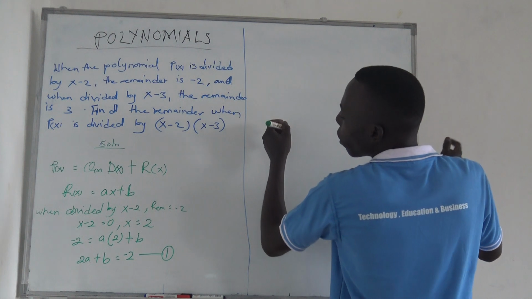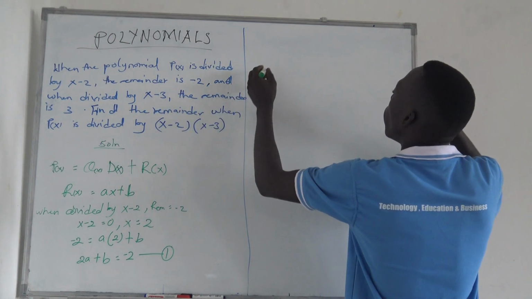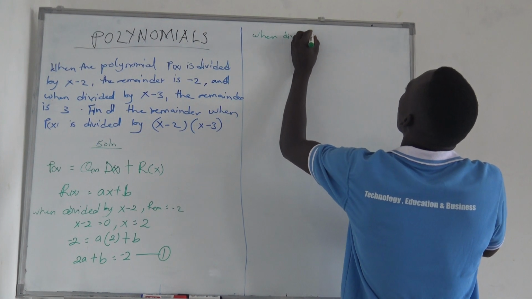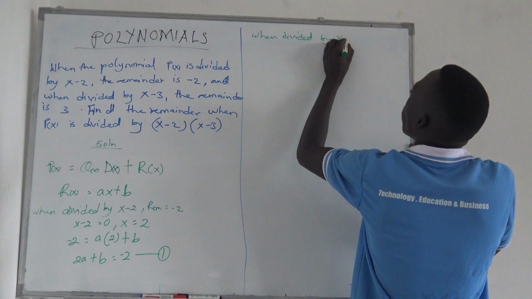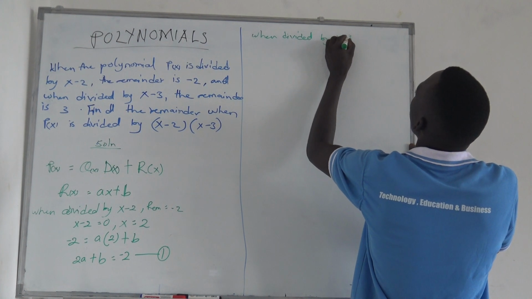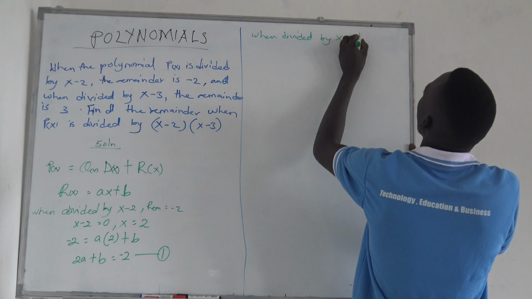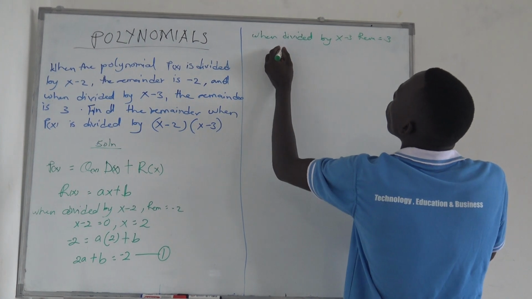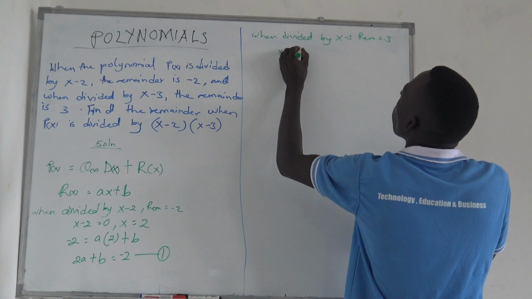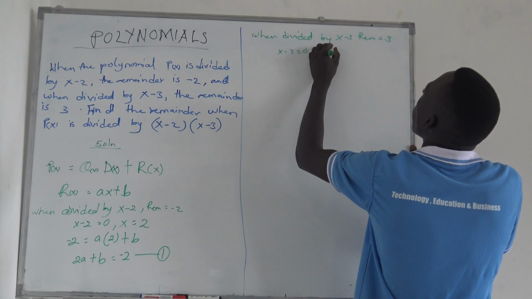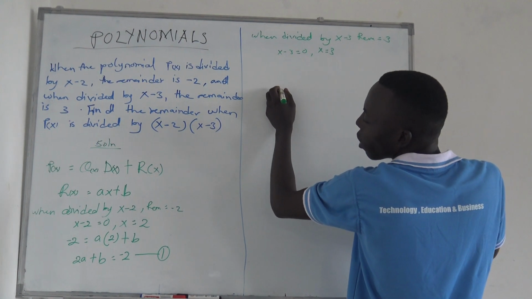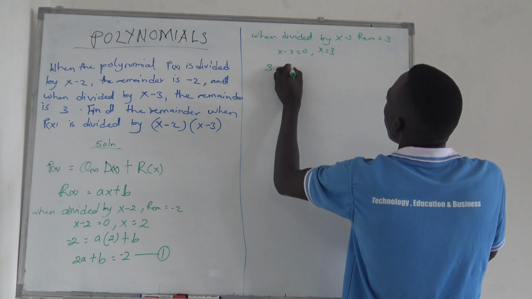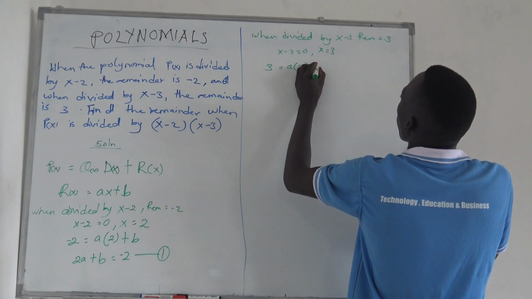After getting equation 1, we go to the second part. When divided by x minus 3, the remainder is 3. So x minus 3 equals 0, so x becomes 3. In the formula, we substitute the remainder, which is 3, equals a times the value of x, which is 3, plus b.